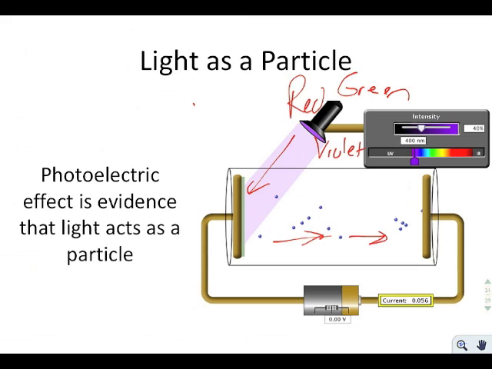That doesn't make a lot of sense if you think of light as a wave. Because remember, red light is just like this, right? So eventually you'd have enough energy that would keep going in and keep going in that it would eventually kick off an electron. But if you think of light as a particle, like a pool ball or a billiard ball, here's my red light, and here's an electron that wants to get knocked off.